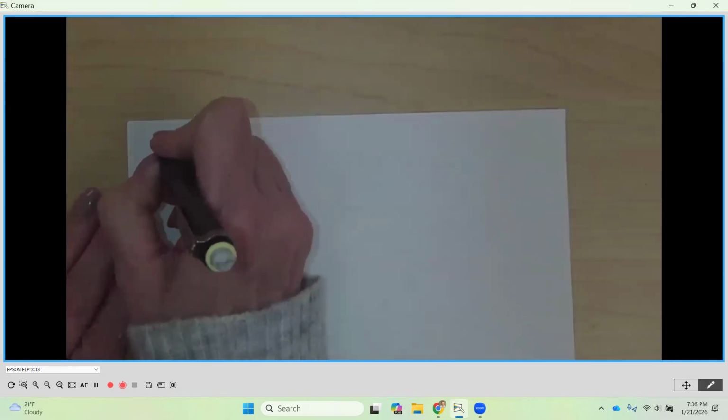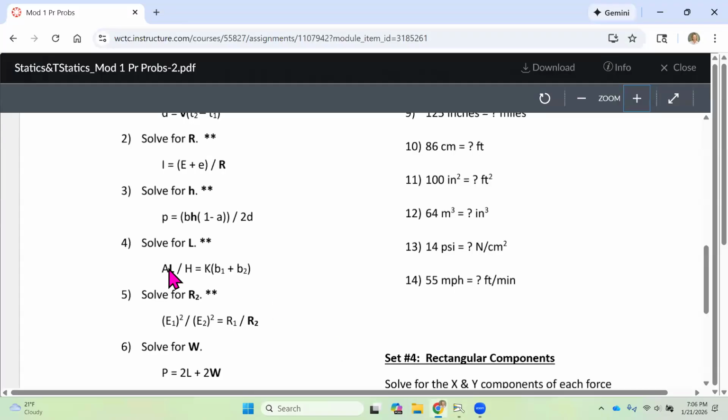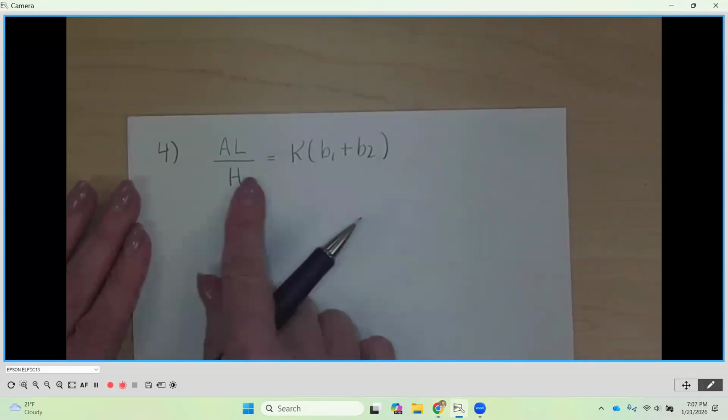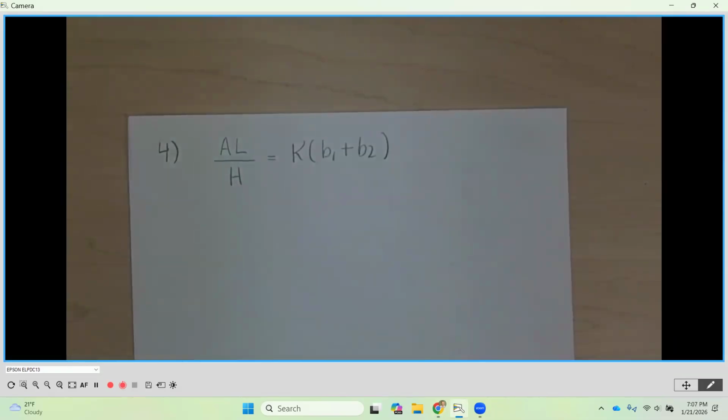So number 4. Here we want to solve for L. On the left-hand side, we've got AL divided by H. So again, make sure we put it in that up-down format. And this is going to be K times B1 plus B2. And we're going to solve for L. You want to write it out in that up-down format.